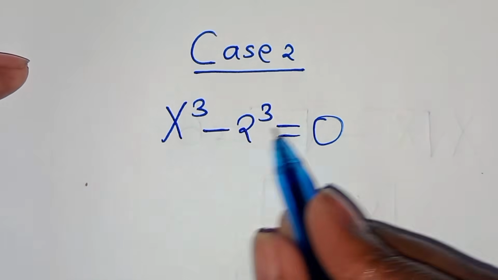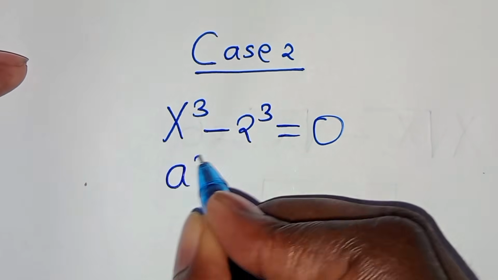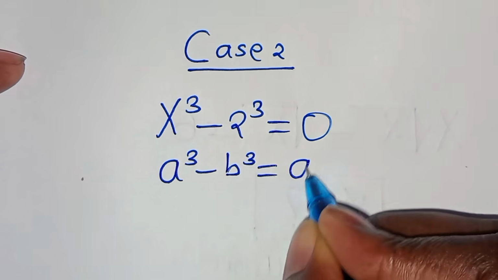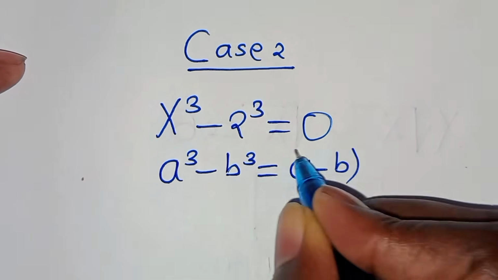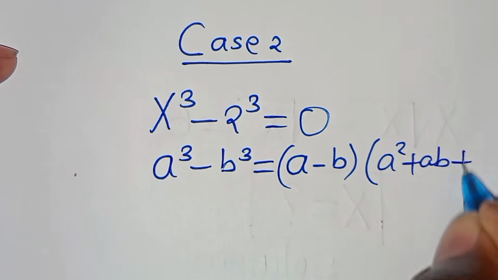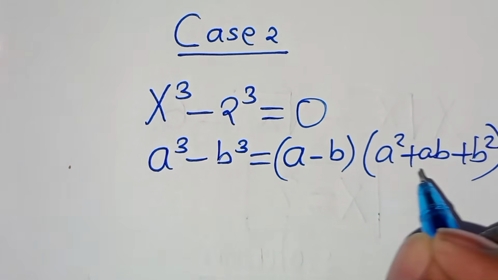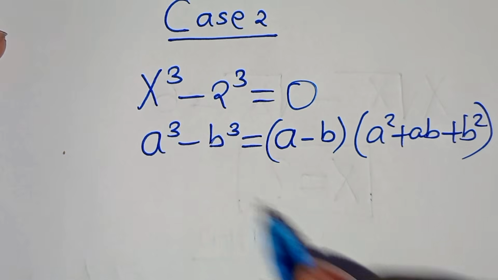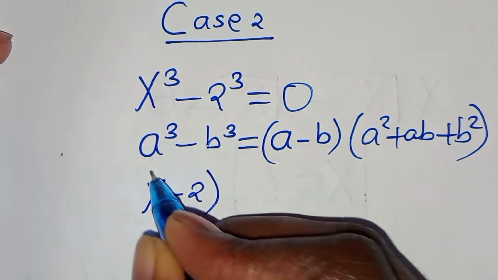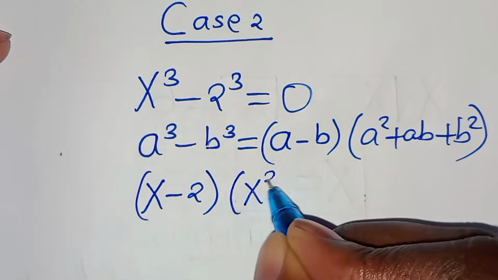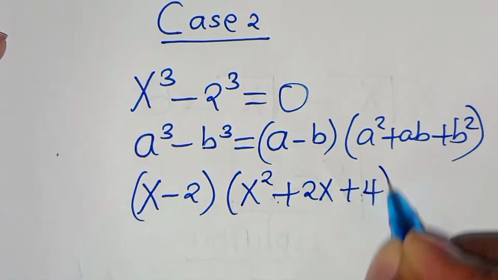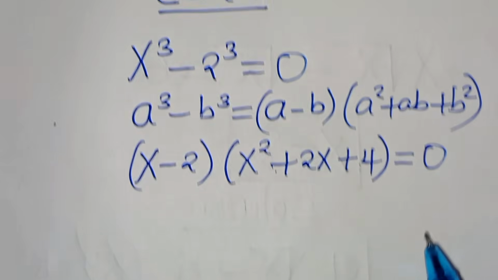This is the difference of two cubes, expressed as a to the power of 3 minus b to the power of 3, which we can express as (a minus b)(a squared plus ab plus b to the power of 2). Applying this identity, we have (x minus 2)(x to the power of 2 plus 2x plus 2 squared, this is 4) equal to 0.